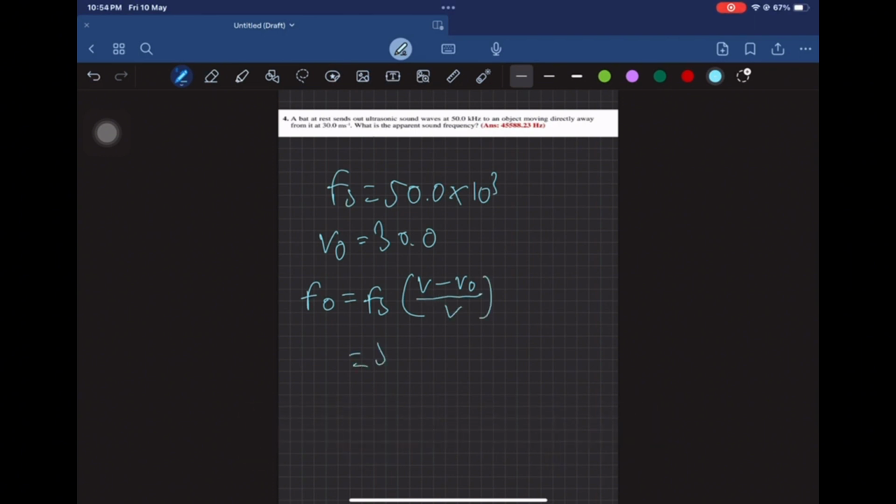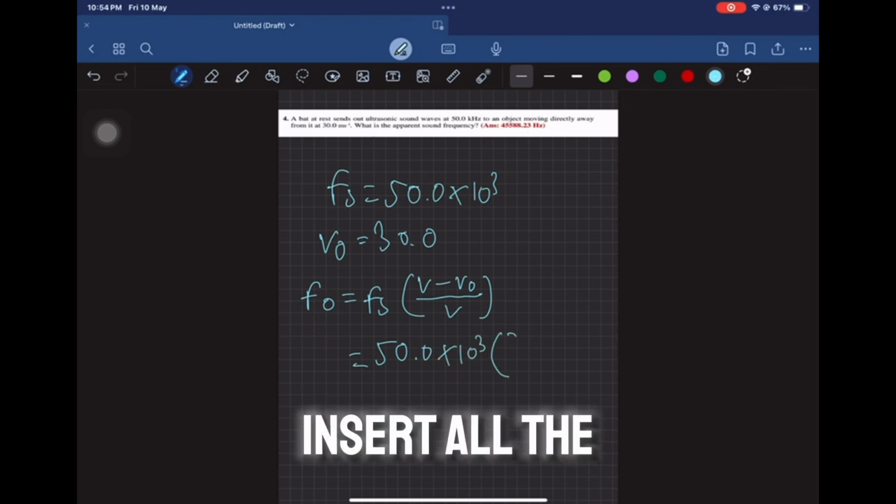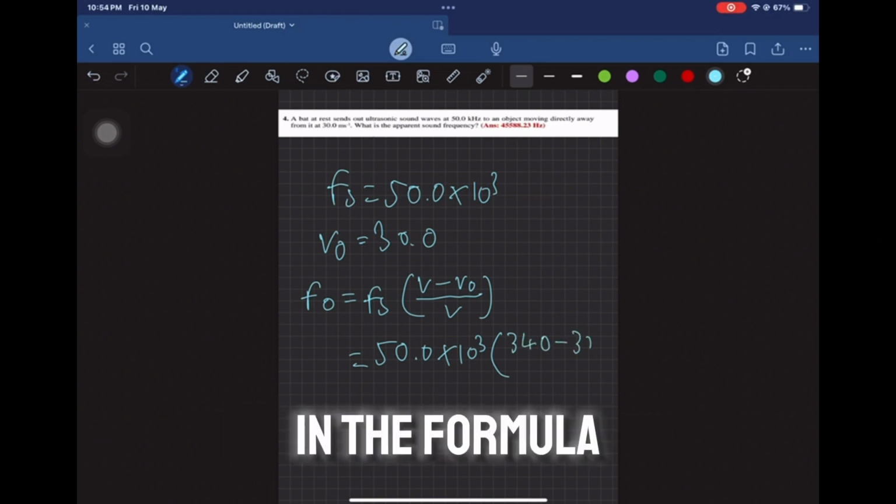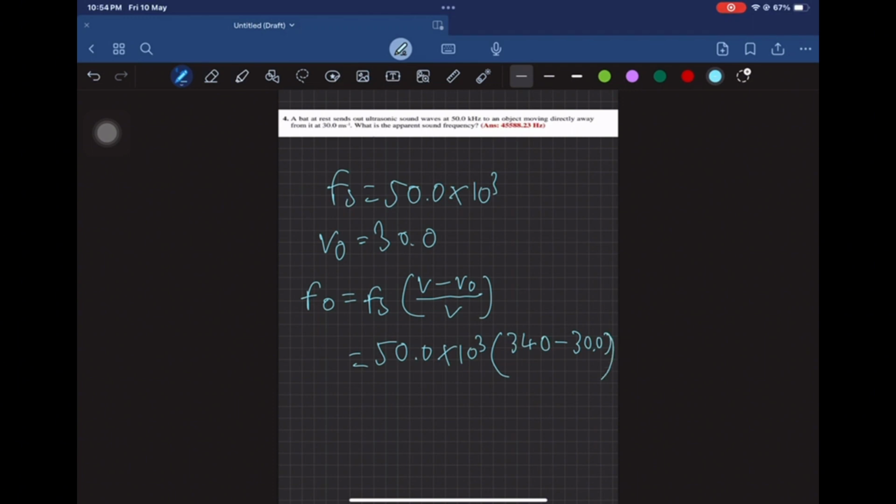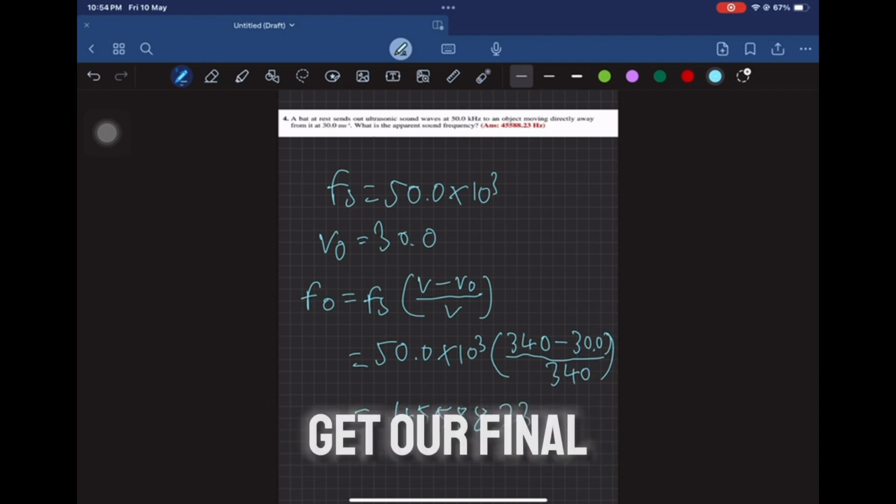Since the source is at rest, the value of vS is equal to 0. And then we insert all the information that we get from the question into the formula. Lastly, we will get our final answer.